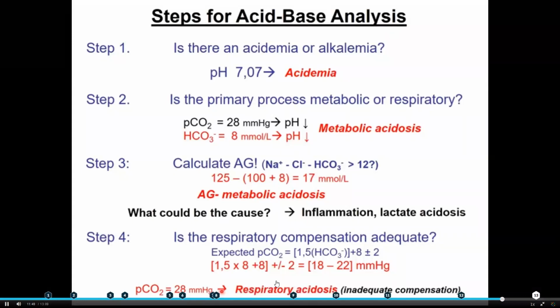So not only a value bigger than 45 can cause respiratory acidosis, but when you cannot compensate, again you can have respiratory acidosis, even with less than 45 millimeters of mercury of carbon dioxide, depending on the compensatory situation.